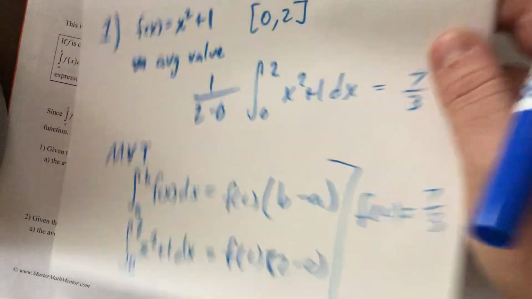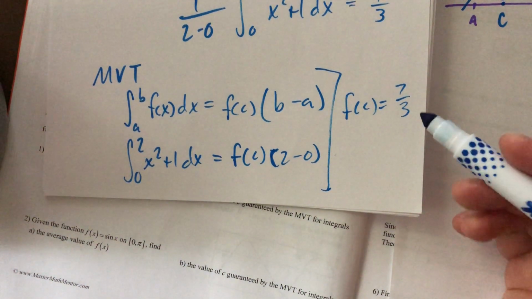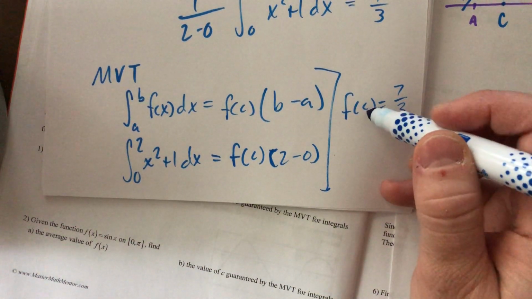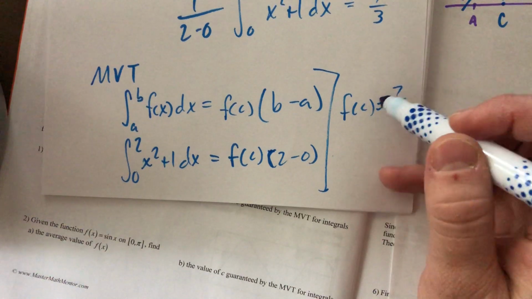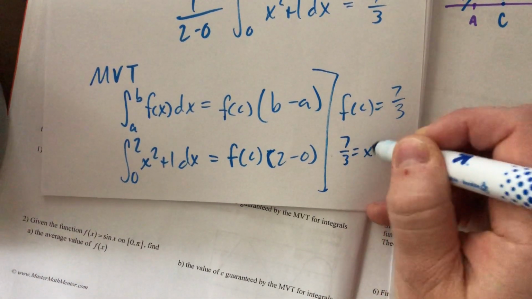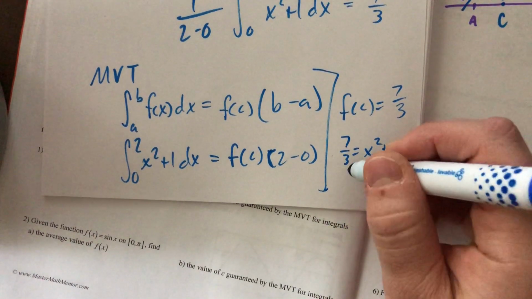Well, that means we're going to need to go to our graph and find out when this... okay, you don't even need to go to your graph, right? We're trying to find c, and we know that x squared plus 1 is equal to f of x. So 7/3 is equal to x squared plus 1. We just subtract 1 from both sides.